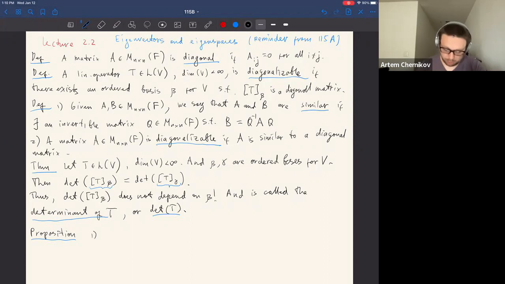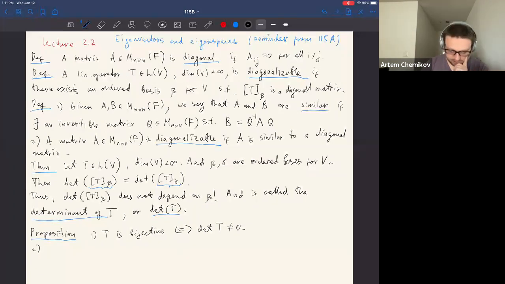So the first property is that T is bijective if and only if the determinant of T is not equal to 0. Okay, so calculating this determinant allows us to understand if the linear transformation is bijective or equivalently invertible. Yeah, so the determinant is not 0. That's the criterion, and it's if and only if.